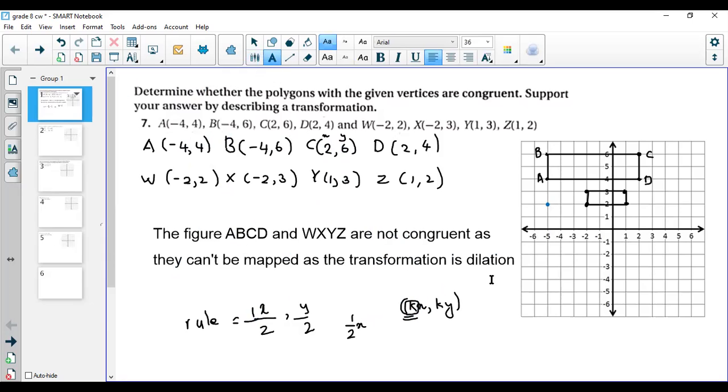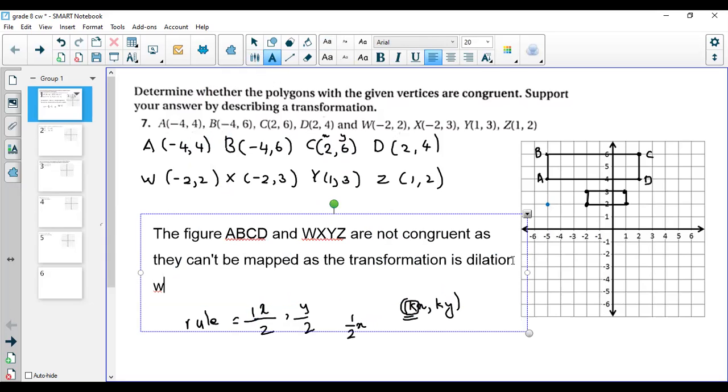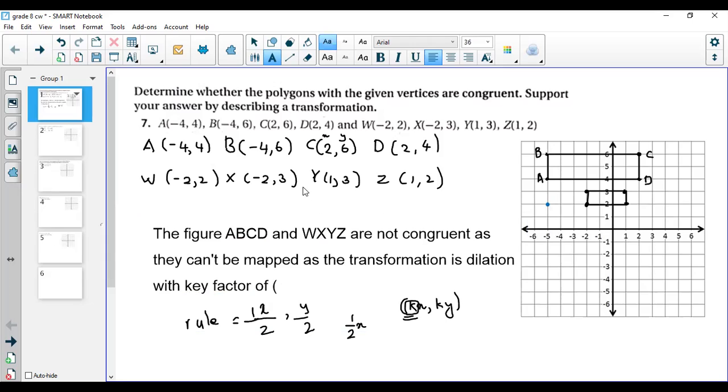Okay, so this is going to be dilation with what scale factor? Scale factor of, I need to use the pen there. Half x and half y.